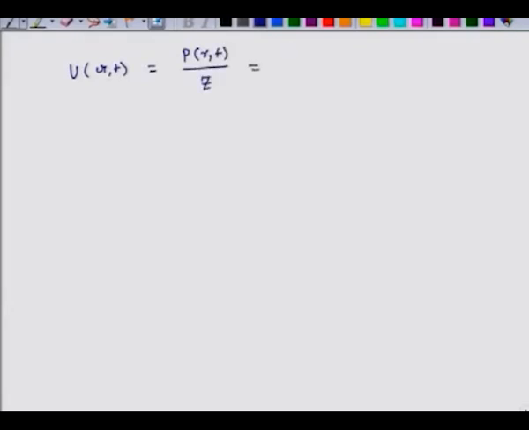So, this is p naught r naught over Z times e to the j omega times t plus r naught minus r divided by c.